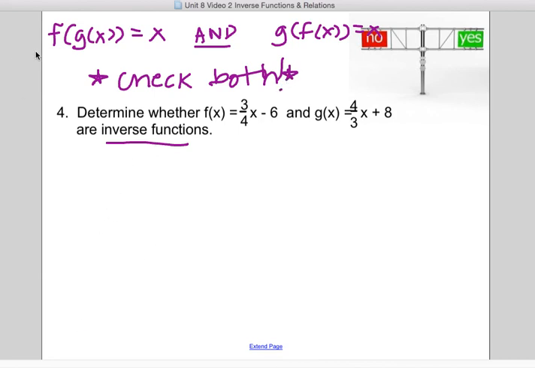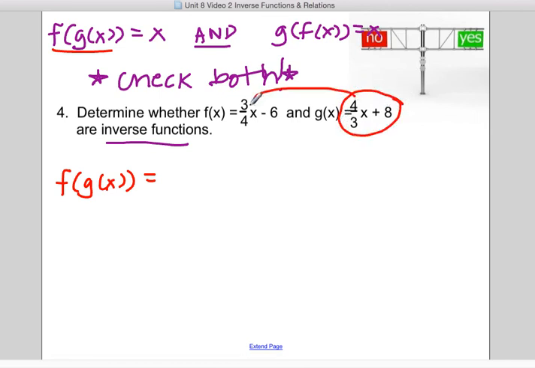Fair warning, you will have something like this on your review for this quiz. So make sure you're listening and paying attention. Starting out, I need to find f of g of x. This comes from last lesson, composition. Taking g and plugging it into here. So I have 3 over 4, plugging in all of g, 4 thirds x plus 8, minus 6.